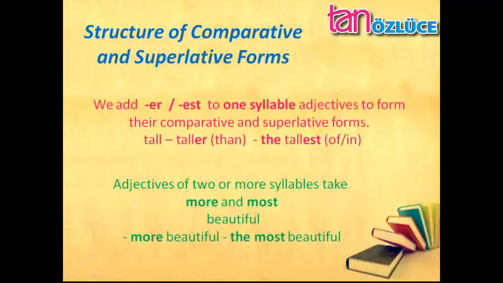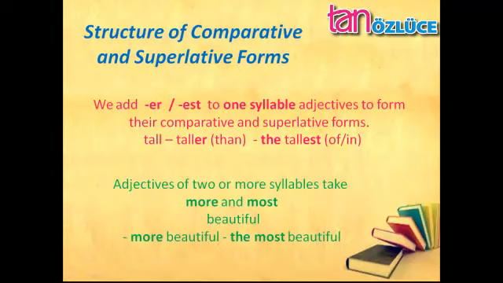A syllable is a vowel sound. We are only going to count the vowel sounds in the adjectives. Usually, if an adjective has only one syllable, we add er to make the comparative form, and we add est to make the superlative form.